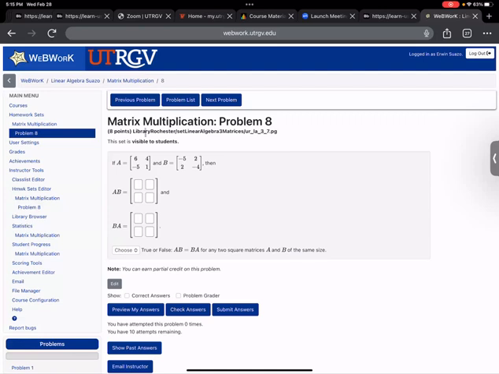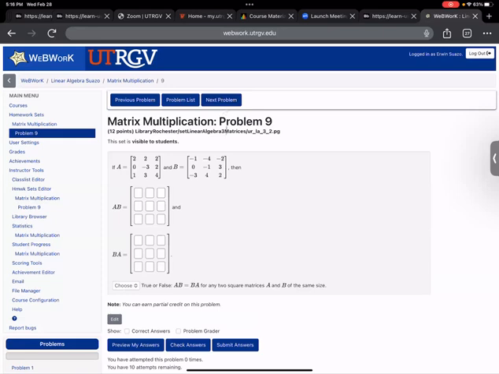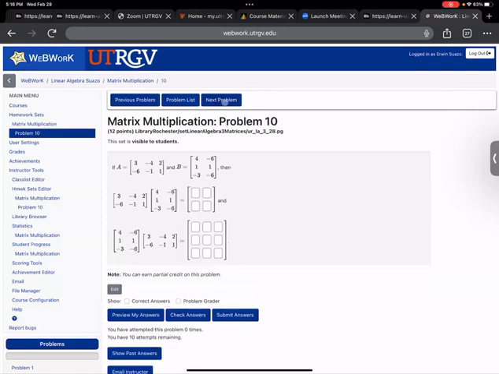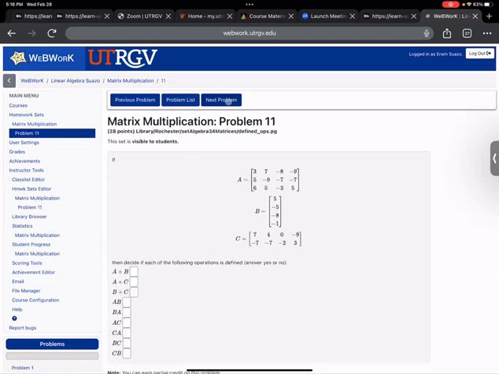They're not commutative, okay? So this is the same thing. Multiply matrices, see that they're not the same. More multiplication of matrices. A lot of operations between matrices.